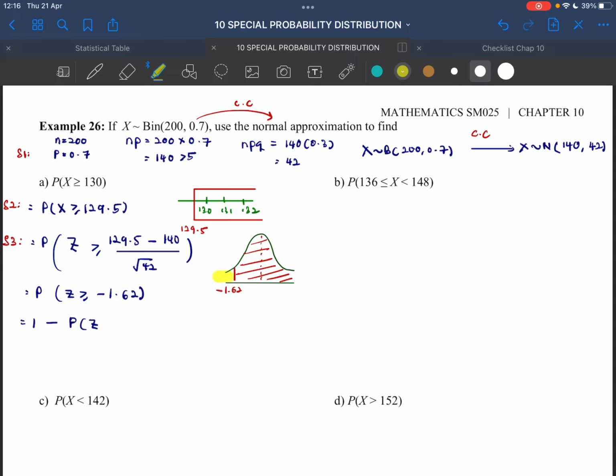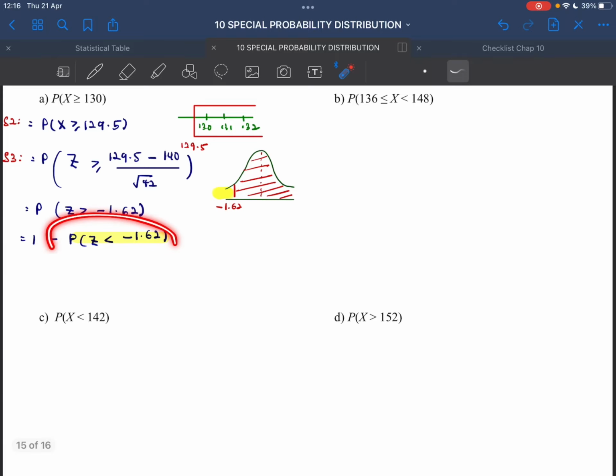That part is z less than negative 1.62, the yellow part. Now z less than negative 1.62, we can shift to the right hand side. So that will be 1 minus P(Z > 1.62).